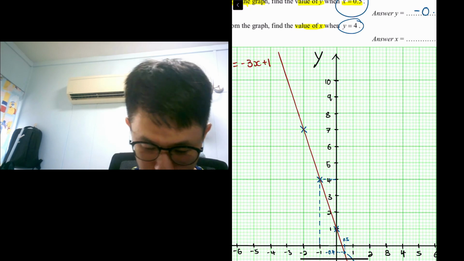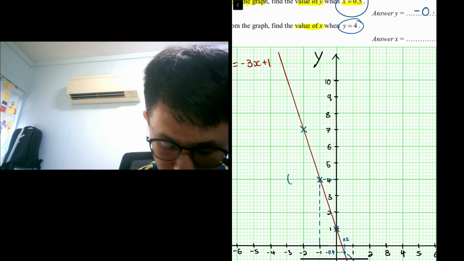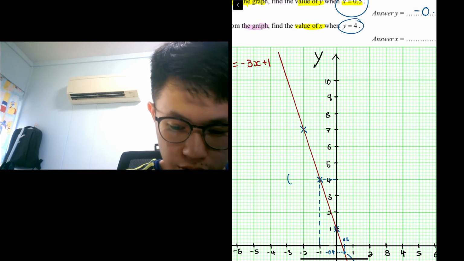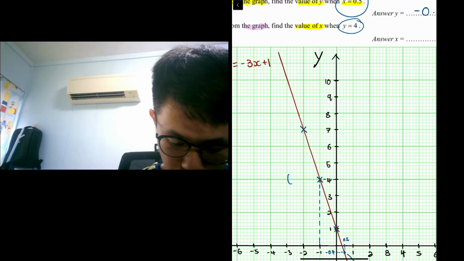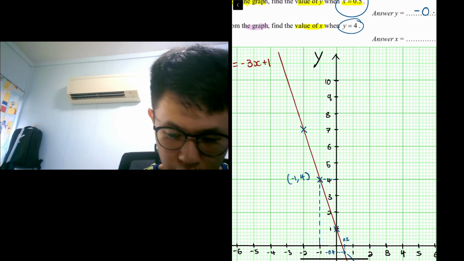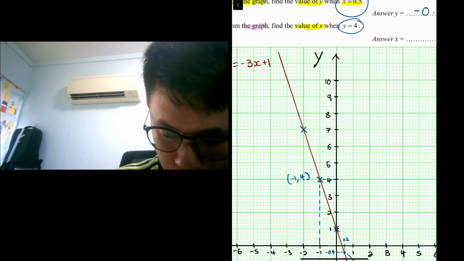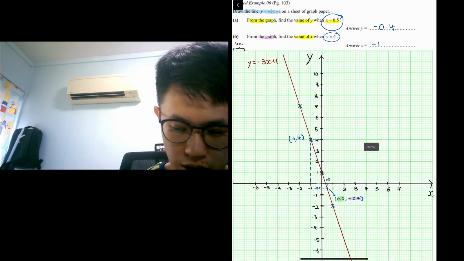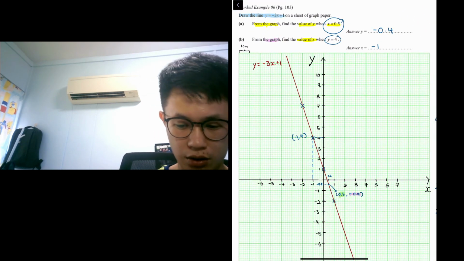So we have a very beautiful answer here. You just need to show the dotted lines because the question says from the graph. And then this is -1, 4. So when y equals to 4, x equals to -1. So this is actually how you should answer this question.